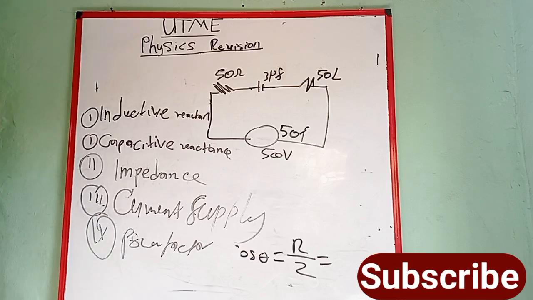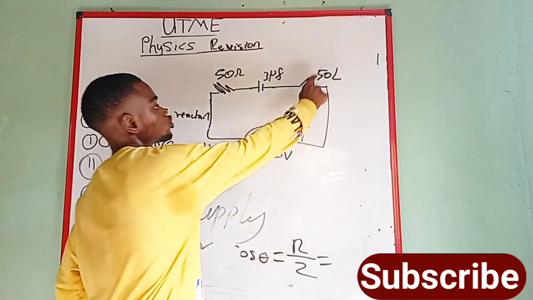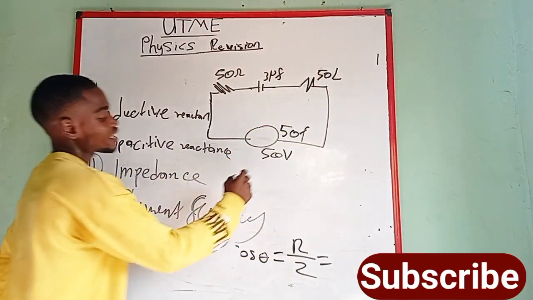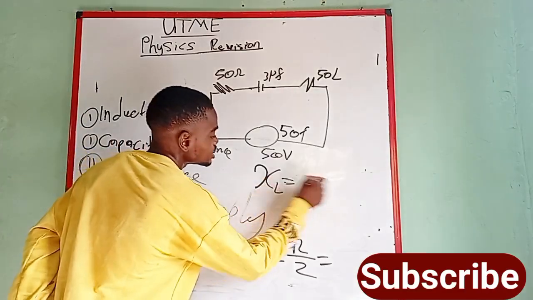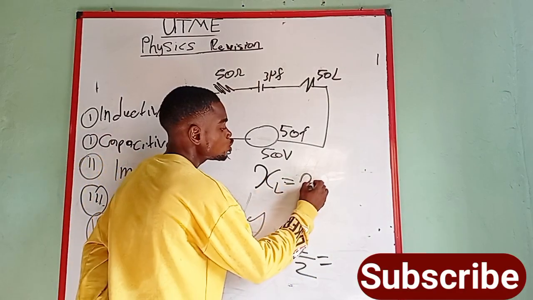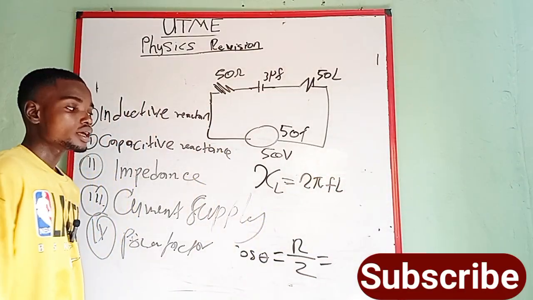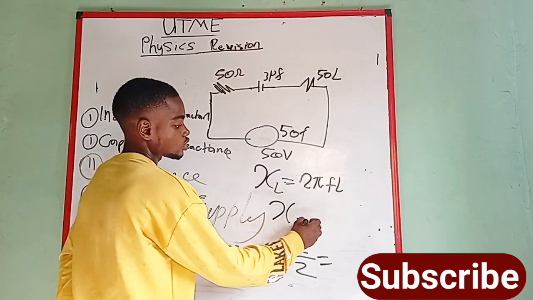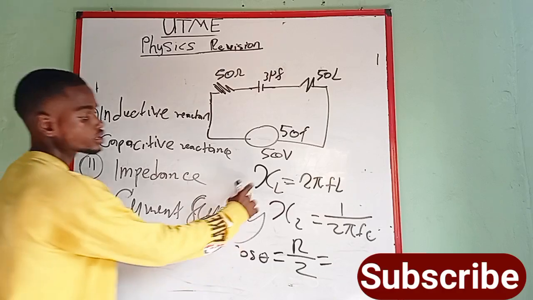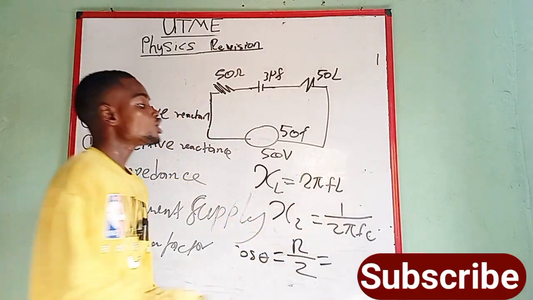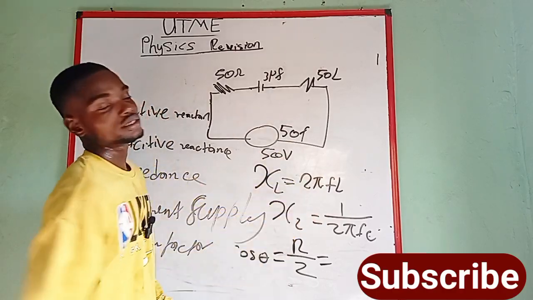But what is going to help you now is the inductive reactance and the impedance, because the formula is going to change as we now have an inductor. Inductive reactance is equal to 2 pi f L. Remember, capacitive reactance is equal to 1 over 2 pi f C, while inductive reactance is 2 pi f L. So you use the inductance and put in the frequency and the 2 pi.